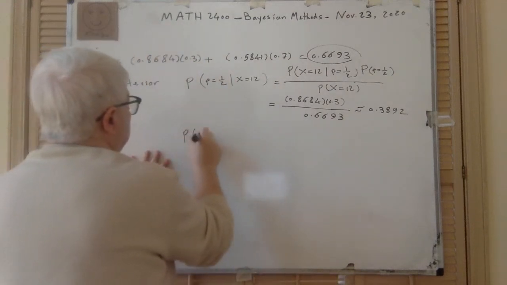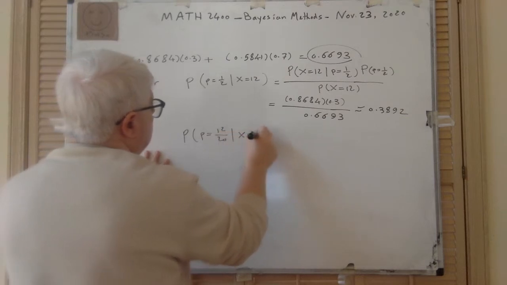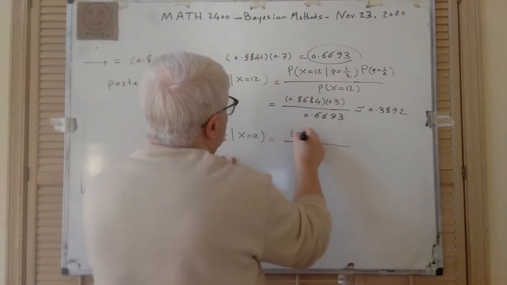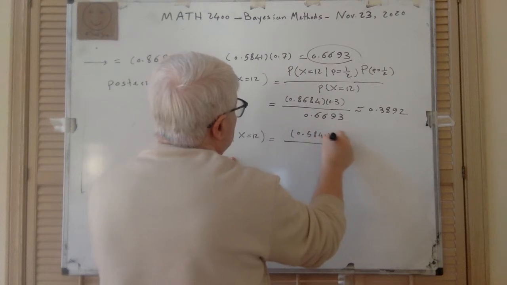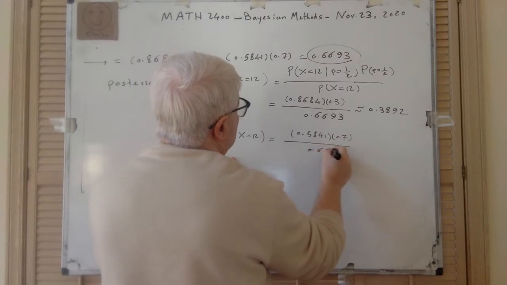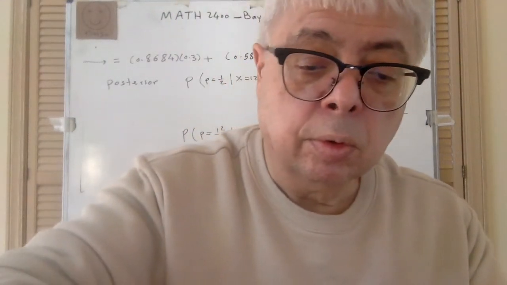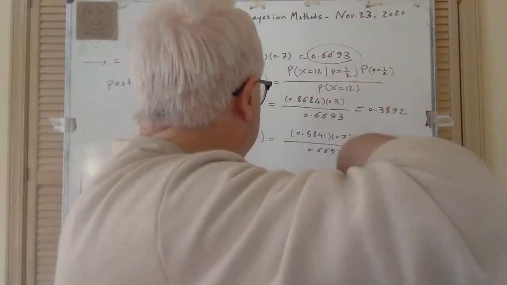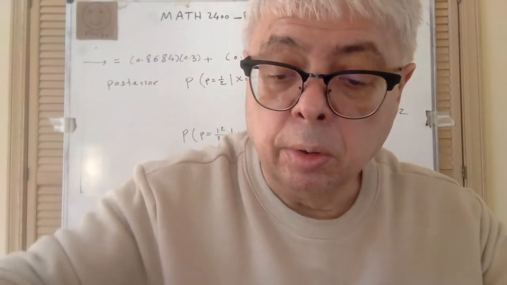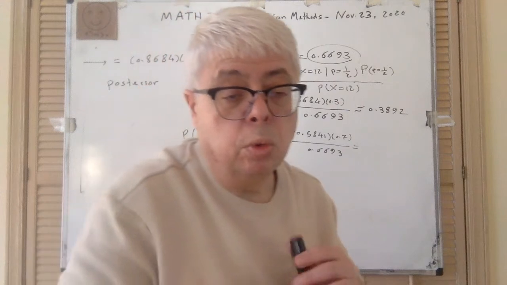And the other one, P of p is 12/20 given that x is 12, is the other one. So that is in fact 0.5841 times 0.7 over 0.6693, which is 0.6108.